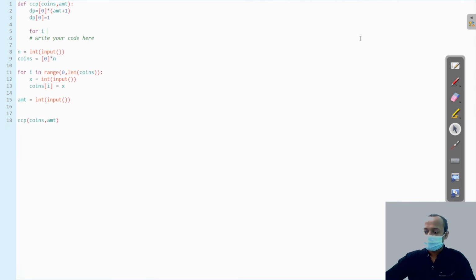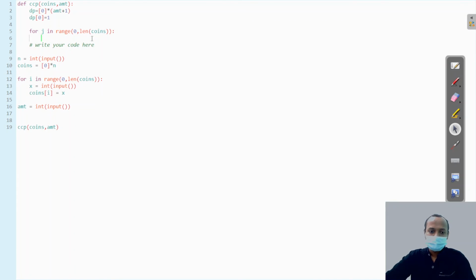So for j in range 0 to the length of points, that is the length of the coins.